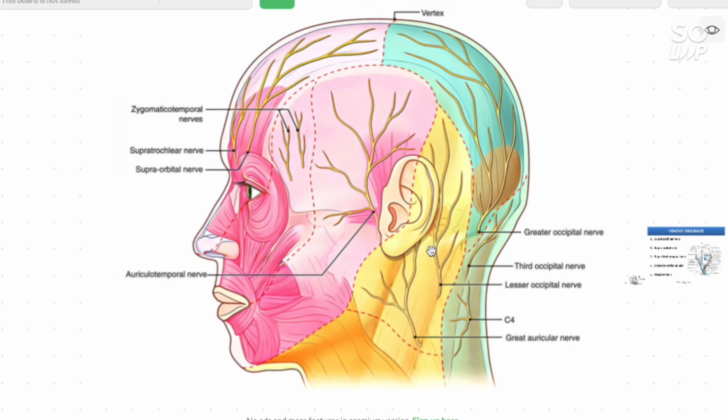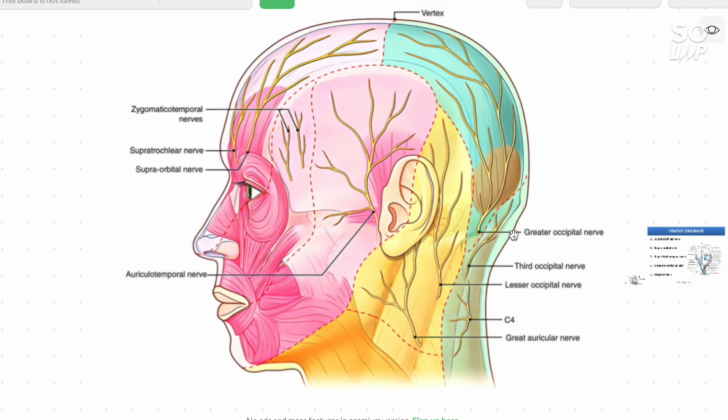Of the cervical nerves, we have the lesser occipital nerve, the greater occipital nerve, the great auricular nerve, and the last one is the third occipital nerve. First, the greater occipital nerve, which is derived from the posterior ramus of C2 and supplies the skin of the occipital region.